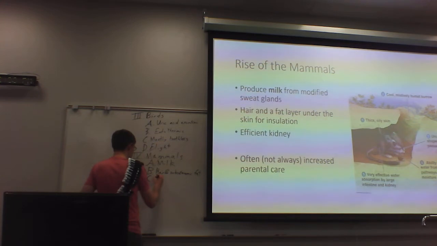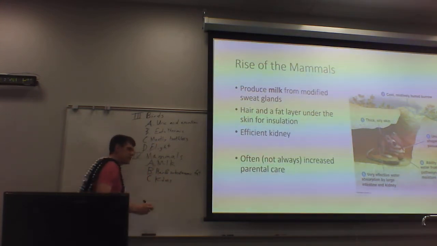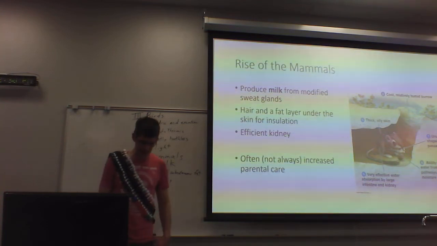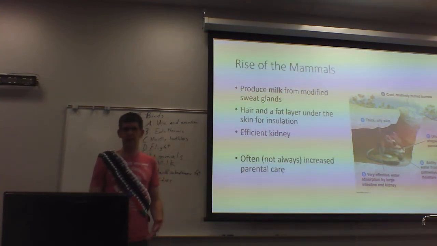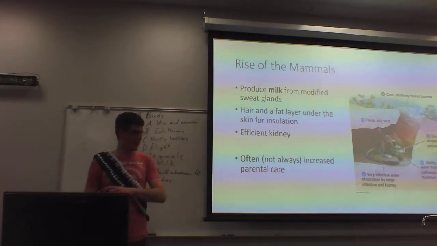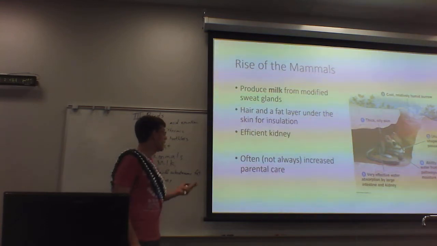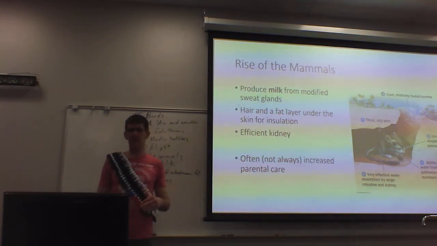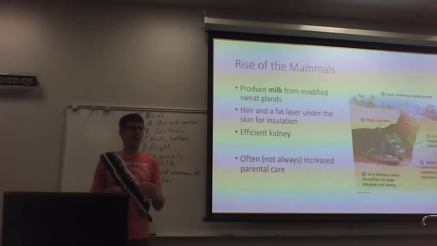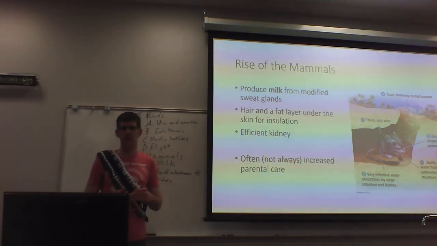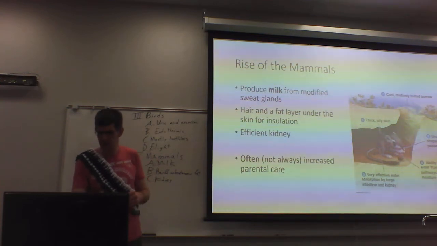For dry environments, there are also the kidney functions: an efficient kidney, not using uric acid, but still a highly efficient kidney with very effective water reabsorption. Often, but not always, mammals have increased parental care. Some of them are very social creatures, and these traits can help them live in dry environments or live on land.